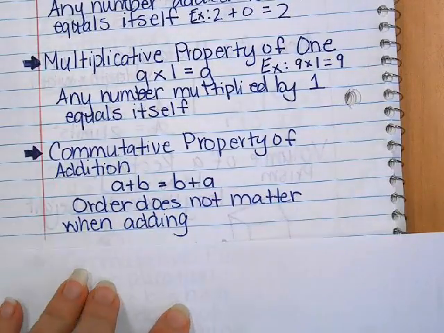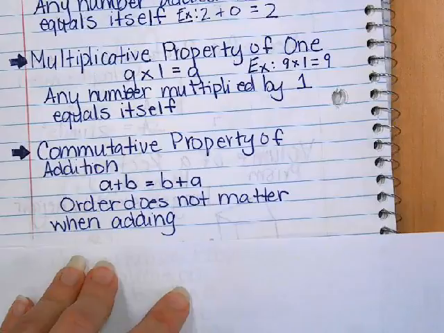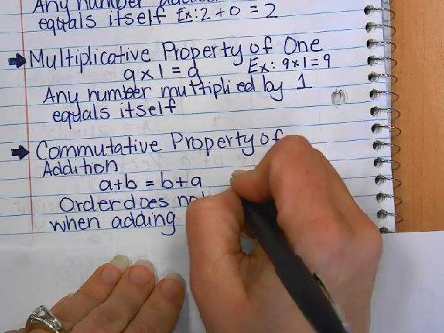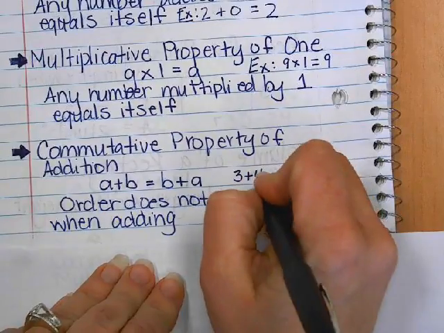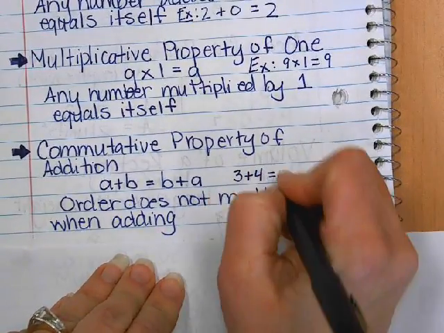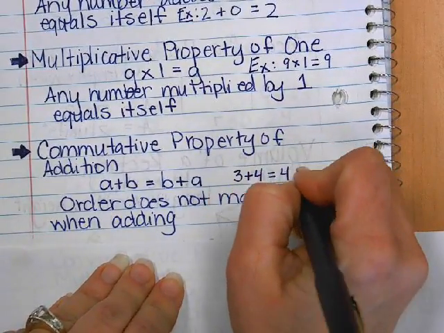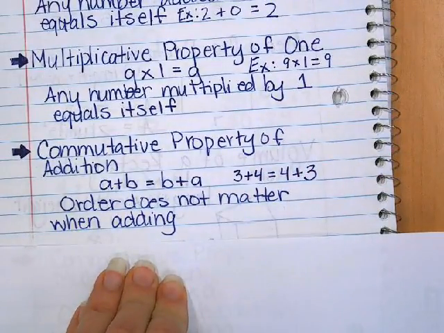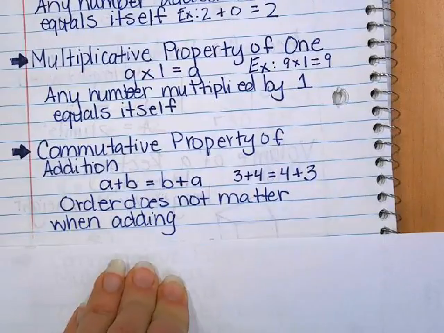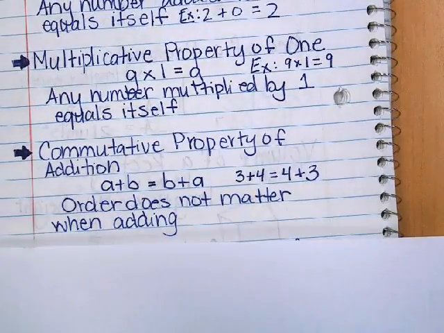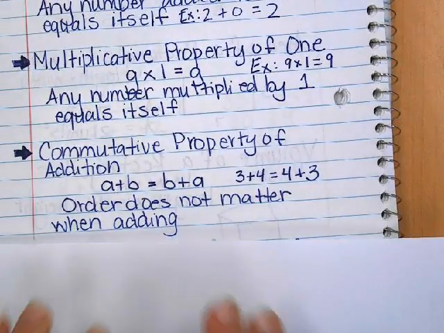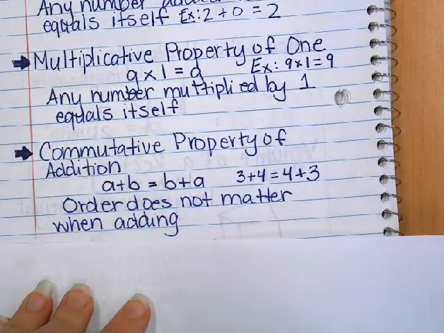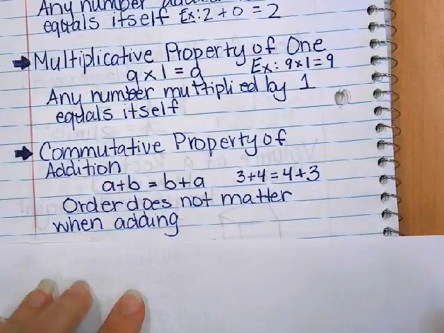For example, if I pick two numbers to replace A and B with, say 3 plus 4 equals, and then I switch those around, 4 plus 3. We know 3 plus 4 equals 7 and 4 plus 3 equals 7. So this is just saying the order doesn't matter. You're going to get the same answer. The sum is going to be the same, which is the answer to an addition problem. And again, that's called the commutative property of addition.